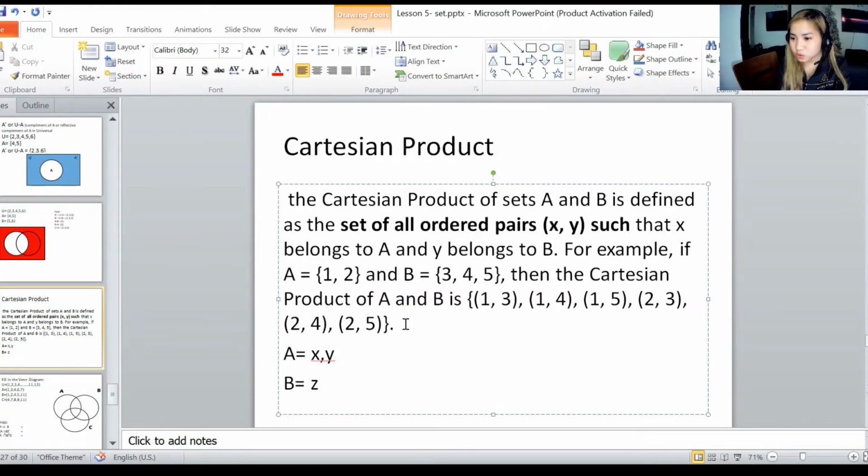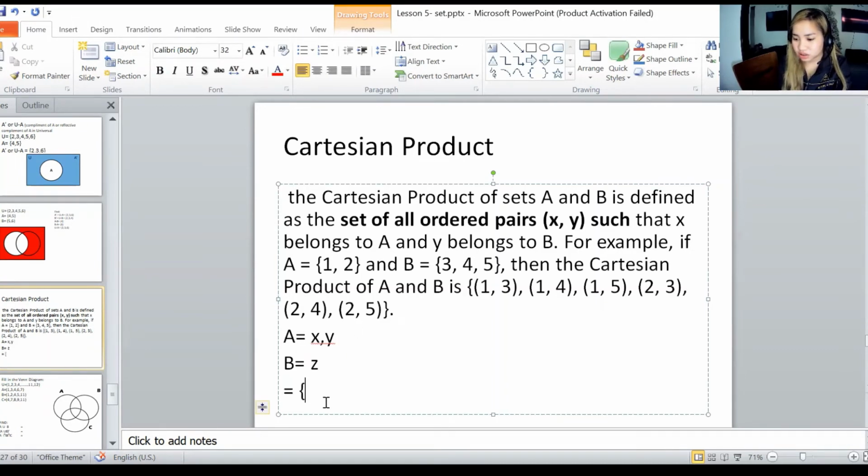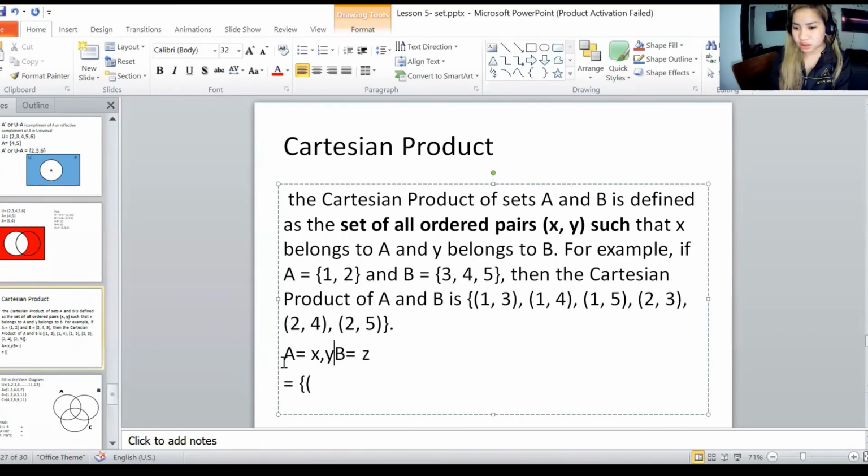So, hanapin natin, or pagsamahin natin yung Cartesian product ng A tsaka B. So, magiging final answer dyan is ordered pair. Lapit natin yung B kay A. Again, kapag po sa Cartesian product, gamit tayo ng distributive.